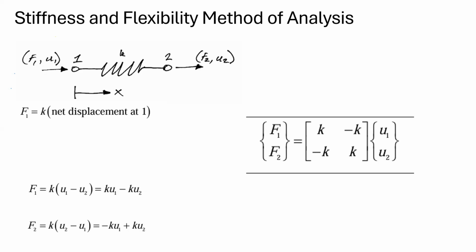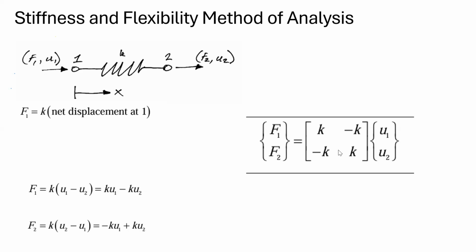Similarly, F2 is stiffness multiplied by the net displacement, U2 minus U1. So F2 is equal to minus K U1 plus K U2.